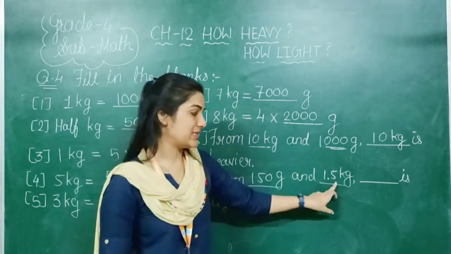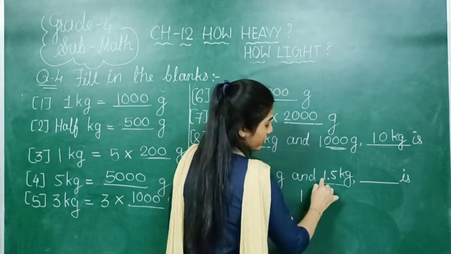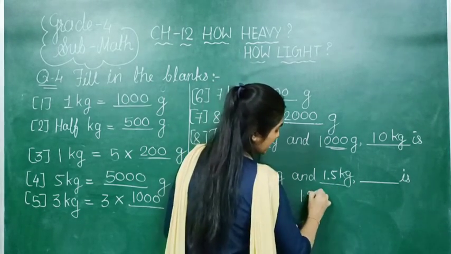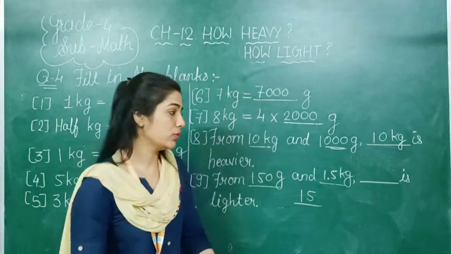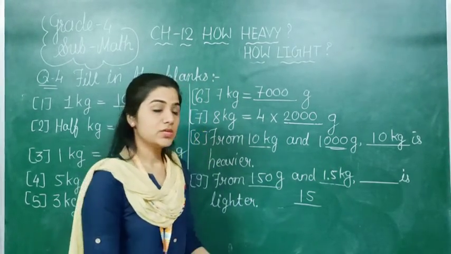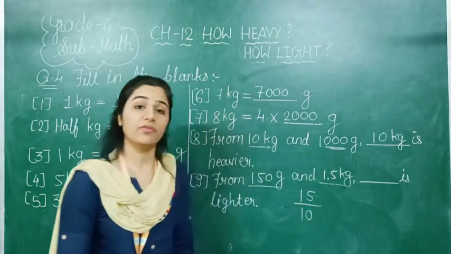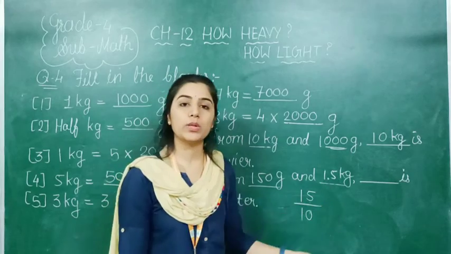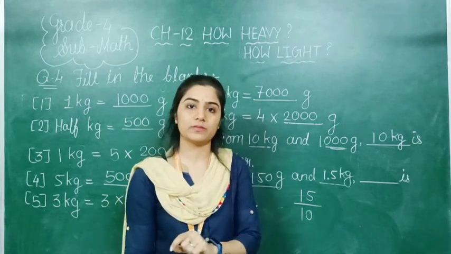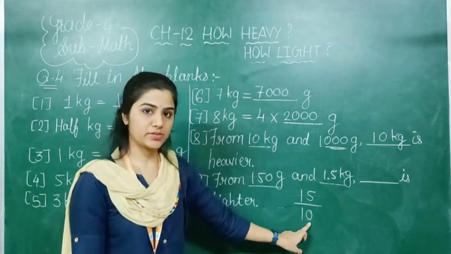So this is a decimal number. For this decimal number, first of all 1 and 5 means 15 we are writing. If we remove this point at the place of ones, then for this point 10 will come downside of the 15. This step you will understand in the decimal chapter. So for this 1 point we are putting 10 downside.